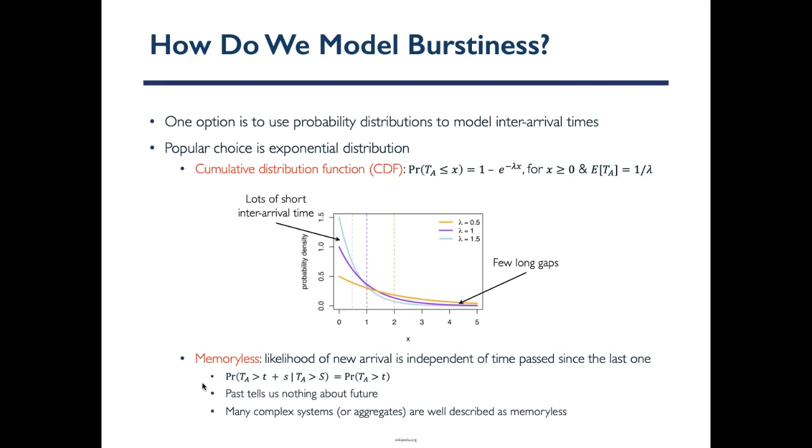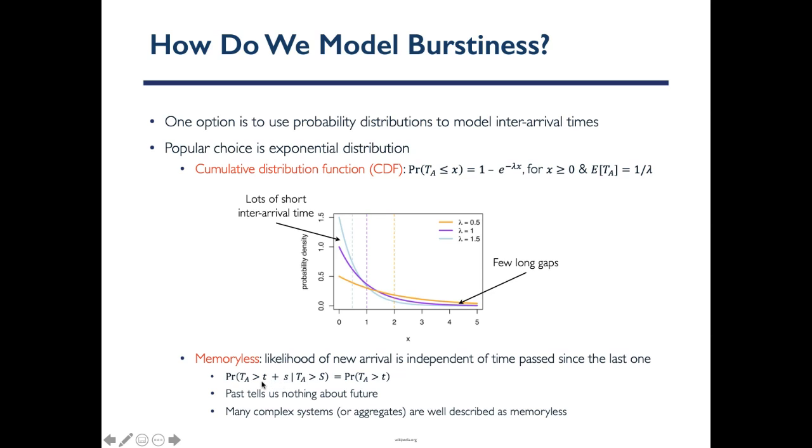If you have an exponential distribution, the waiting time is independent of the time that you have waited since the last one. In mathematical language, the probability that TA is more than t plus s. So let's say you have waited so far for s time.